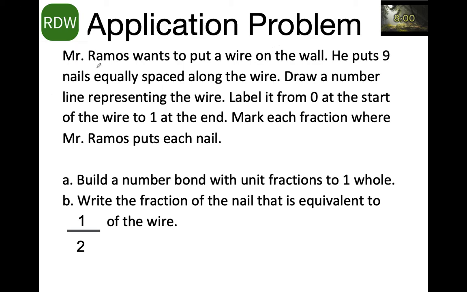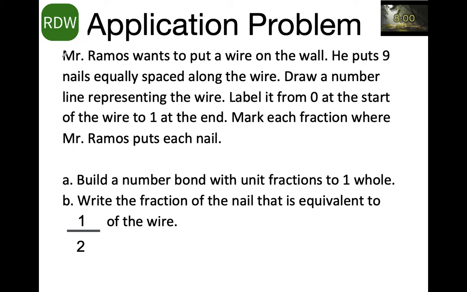So let's get started. It says, Mr. Ramos wants to put a wire on the wall. He puts 9 nails equally spaced along the wire. Draw a number line representing the wire. Label it from 0 at the start of the wire to 1 at the end.